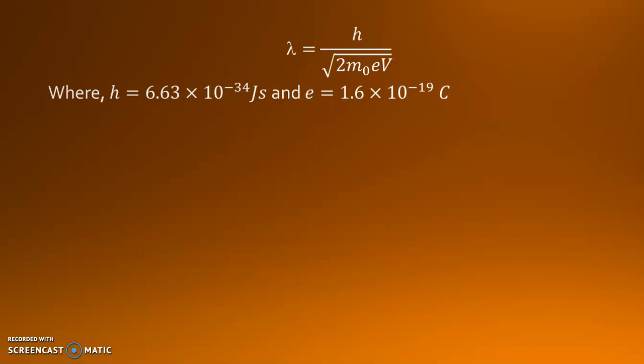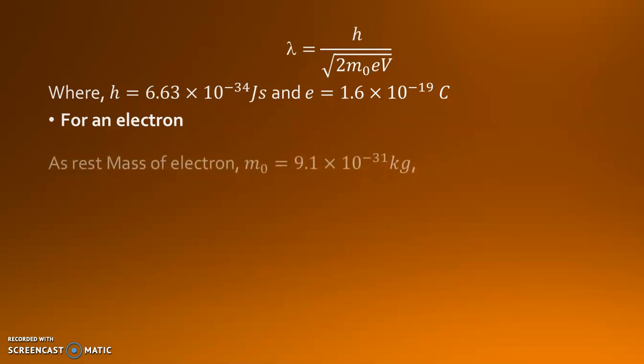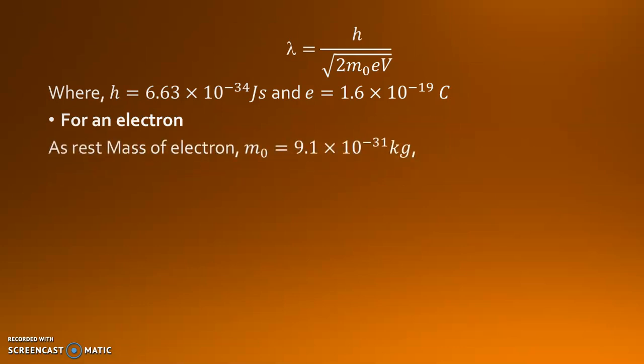If you consider the electron or elementary particles, then its charge is 1.6 into 10 to the minus 19 coulomb, and capital V is the applied potential. Now for the electron, the value of rest mass m naught is 9.1 into 10 to the minus 31 kg, and we already know the value of e for the electron, which is 1.6 into 10 to the minus 19.